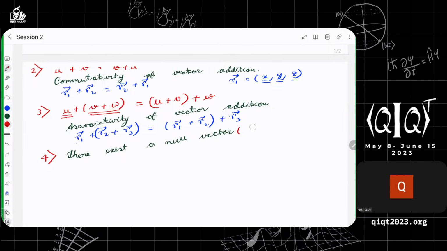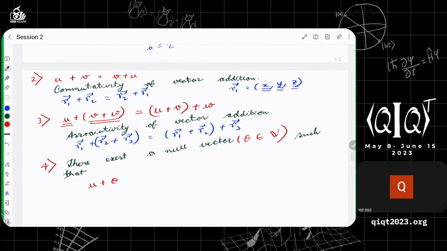And theta belongs to the vector space, the null vector will also be a part of the vector space, such that u plus theta.